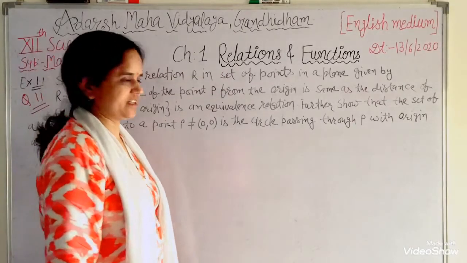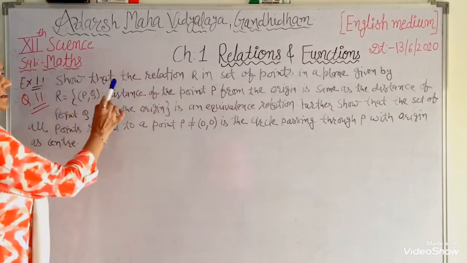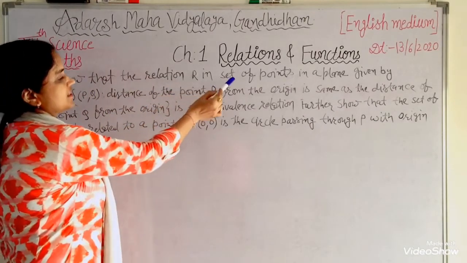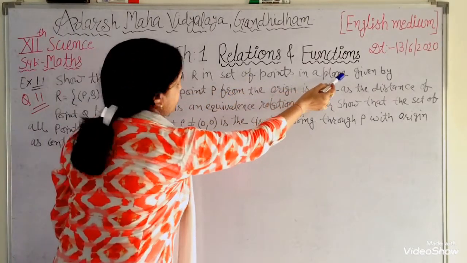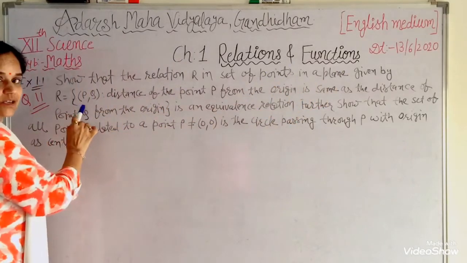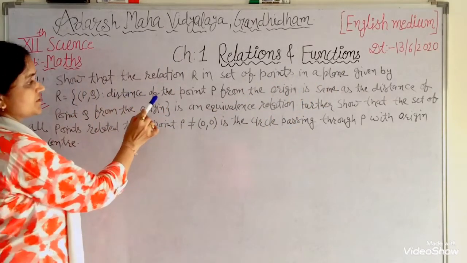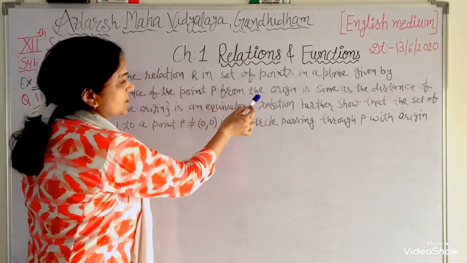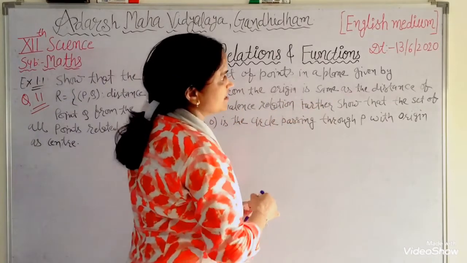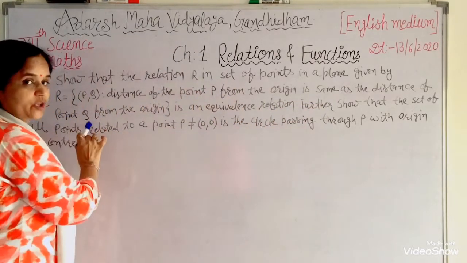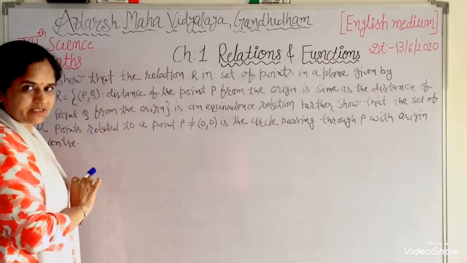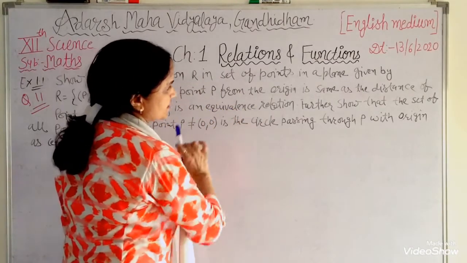The next question is, show that the relation R in the set of points in a plane given by R is equal to (P, Q): distance of point P from the origin is the same as the distance of point Q from the origin, is an equivalence relation.